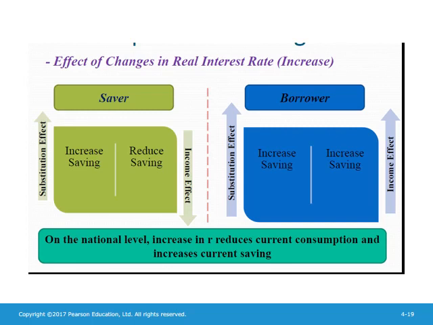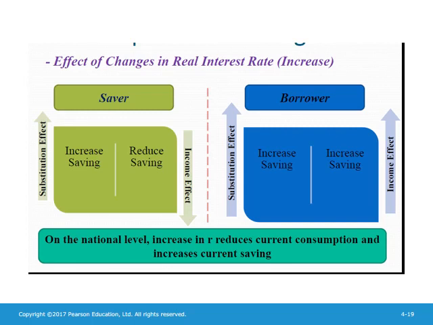But the income effect differs between the saver and the borrower. For the saver, it will make him feel richer and thus increase his current consumption and reduce his current savings. And by the way, you have to keep in mind that we are assuming now that income is constant, it's given. So when I increase my consumption, it comes at the expense of my savings. For the borrower, both effects move in one direction.